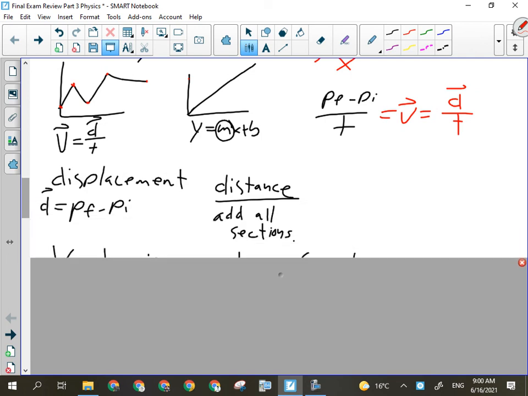Okay, so for calculating distance, remember you add all the sections together. So if this was a position versus time graph, add, and you get your total distance traveled. Okay, whereas for displacement, it would be this position here minus that position there. That would give me my total displacement. Okay, if I'm finding displacement on a velocity versus time graph, then I've got to find that area underneath the line.